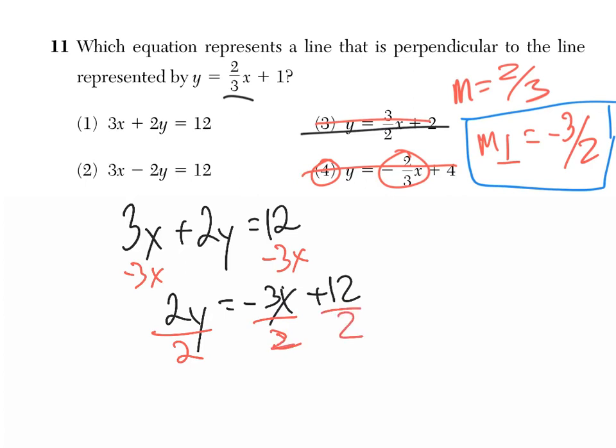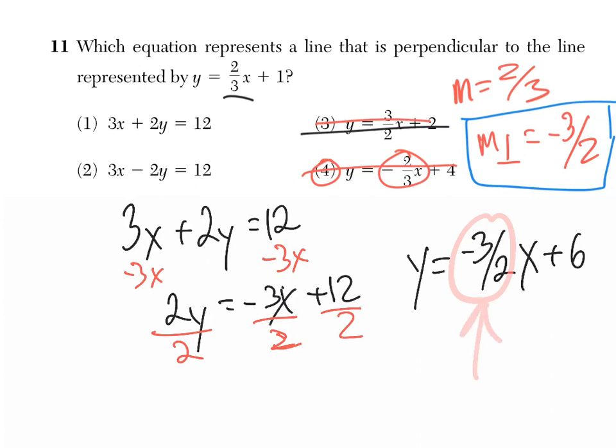Great. And what are we left with? Y is isolated, and the new equation is y equals negative 3/2 x plus 6. And what do we notice? We notice that negative 3/2 is the slope. And you know what? That matches the slope that we're looking for. This is perpendicular to this original slope, indicating that option 1 is the answer.